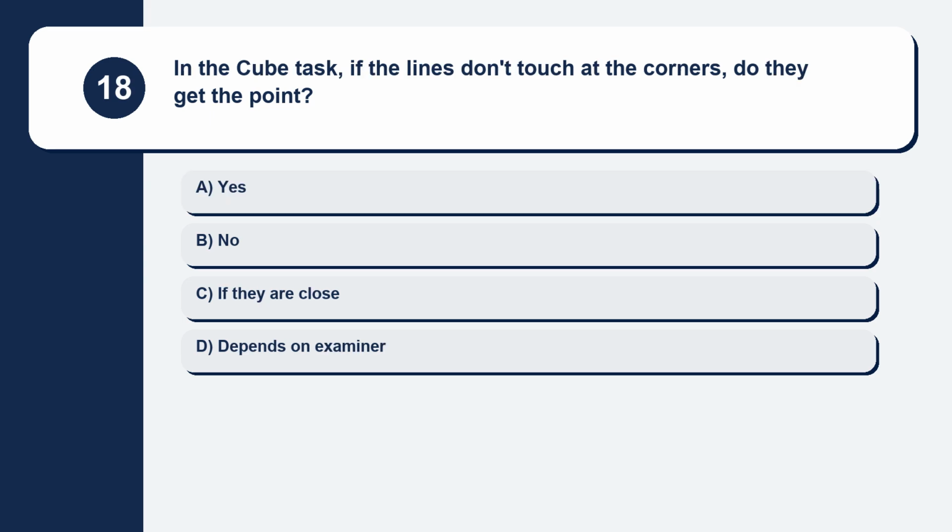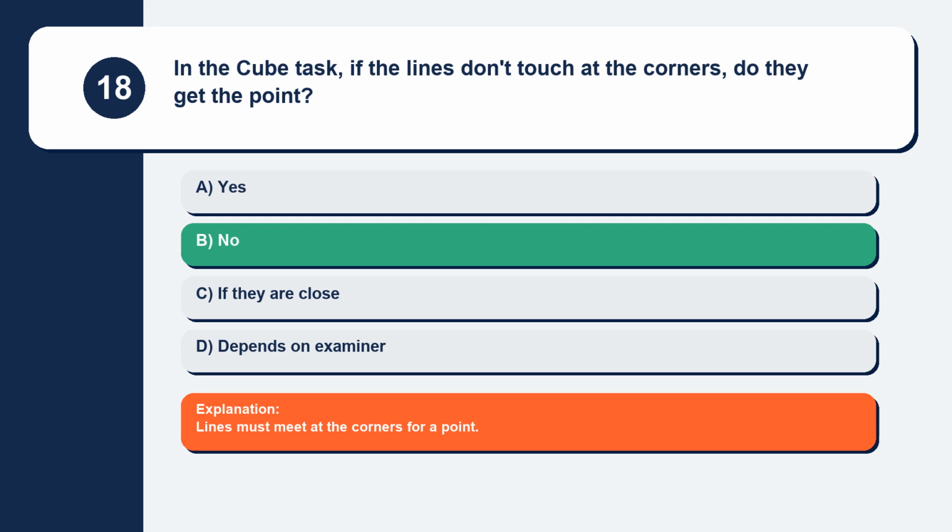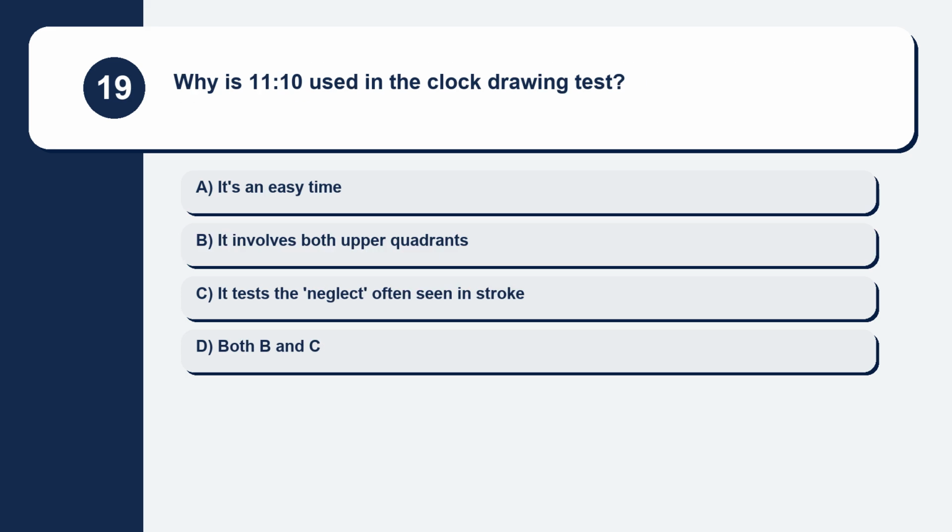Question 18. In the cube task, if the lines don't touch at the corners, do they get the point? Yes. No. If they are close. Depends on examiner. Lines must meet at the corners for a point. Question 19.